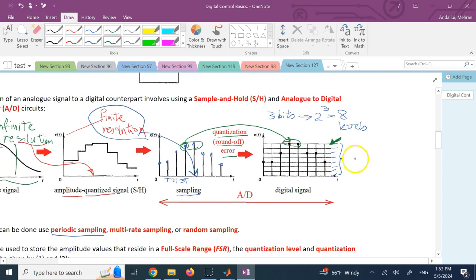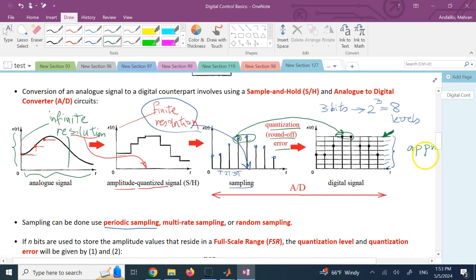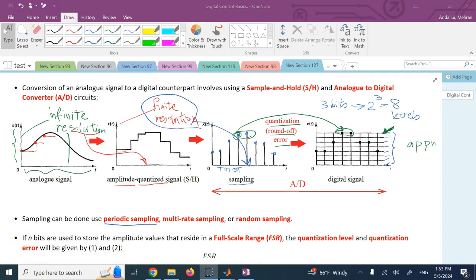So the signal that you have here on the right side is clearly an approximation. It's never as accurate as the original signal, and it cannot be because you only have a finite resolution. So this is an approximation of this original one. Now this sampling operation and this quantization operation together, we call them A to D converter, and this initial part where you try to break this continuous curve into what we call a stairway signal, right?